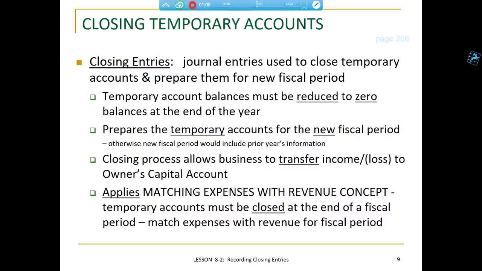The net profit, the drawing, we're going to roll those balances into the ending capital account, as we discussed in chapters 6 and 7 with that capital account equation.